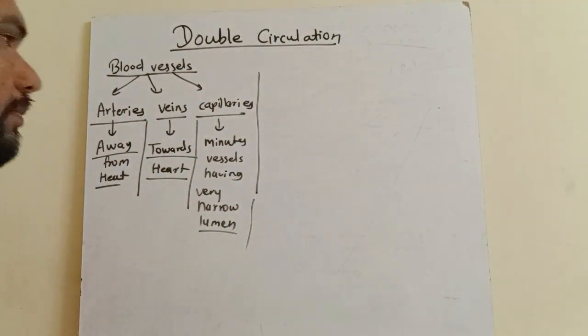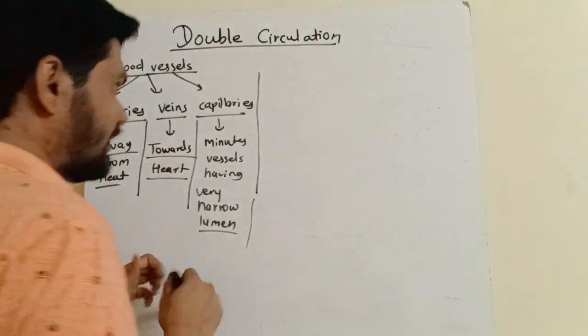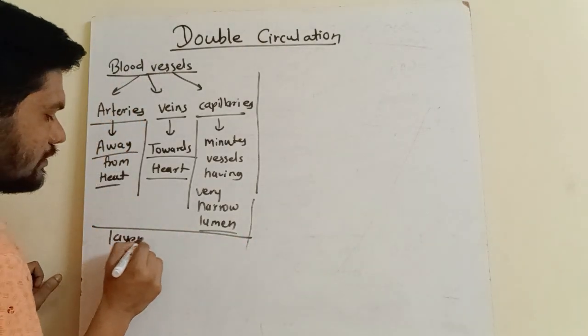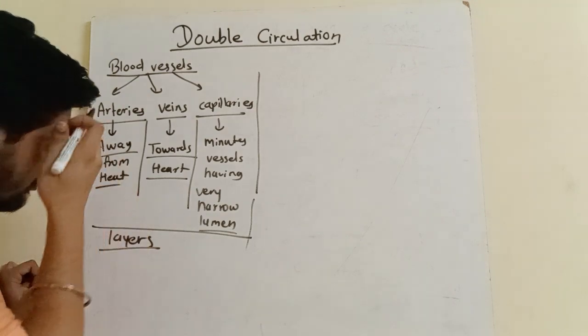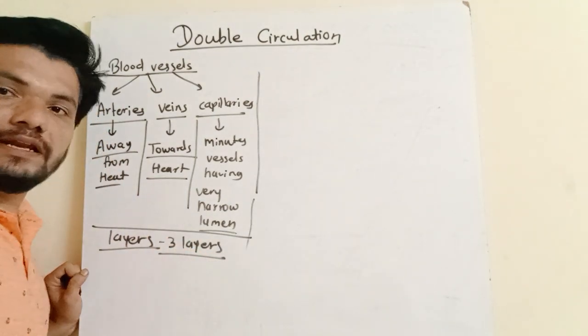Then if we talk about the layers of these vessels, arteries and veins both have three layers. Their walls are made up of three layers.